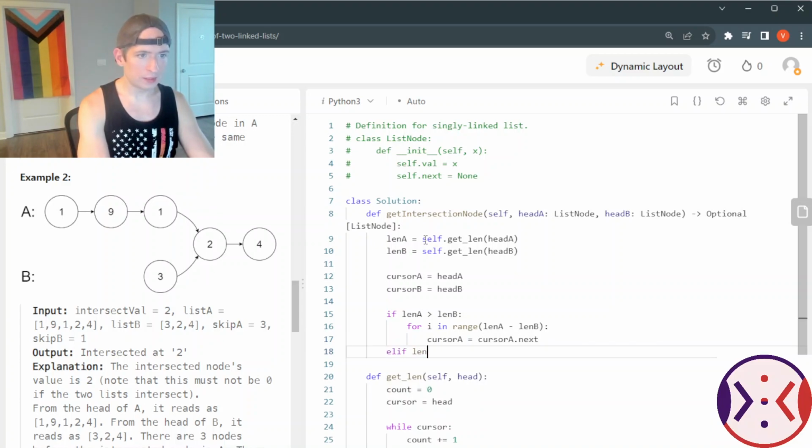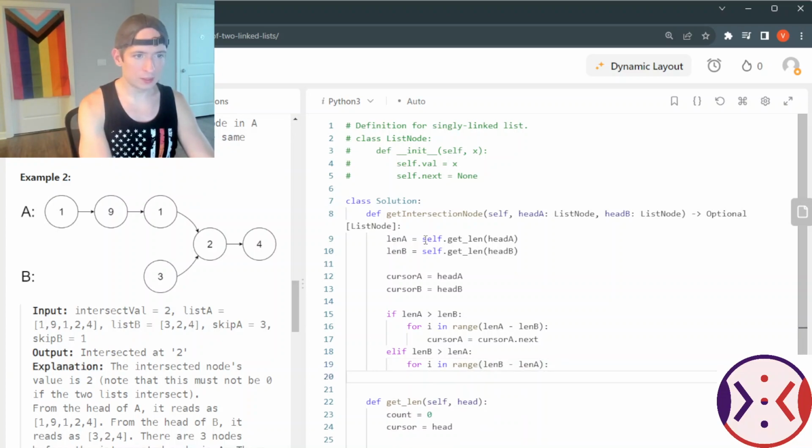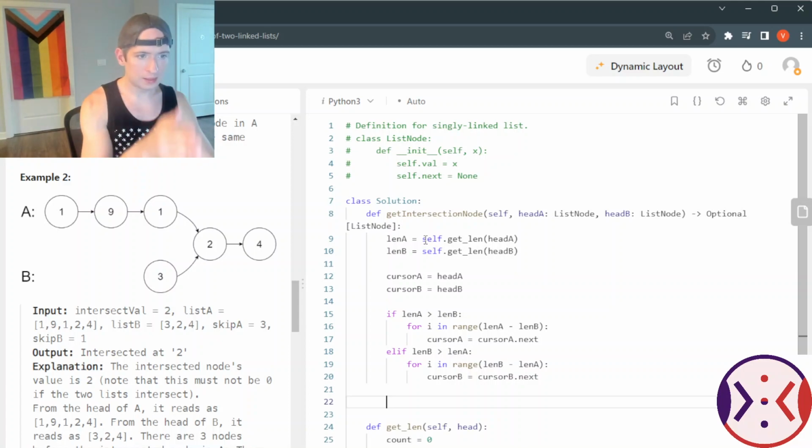And if len B is greater than len A, then for i in range len B minus len A, again that's just taking the difference so we know how many times to advance it, cursor B equals cursor B dot next. Now we'll have them at the same relative positions, or at the same lengths to the end.